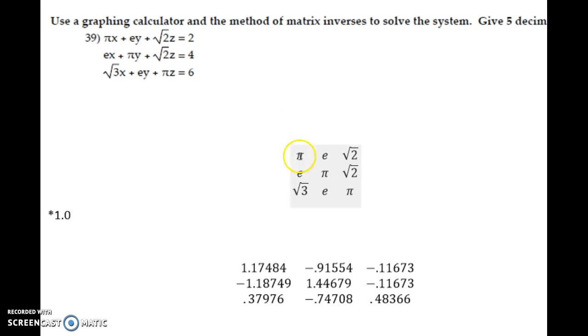So if I did pi times this, or e times this, or square root of 2 times this, it'll likely give me the result as a decimal. Now if your calculator doesn't do that, there should be some button that will convert this to a decimal, so you can look right on your calculator what that decimal is.